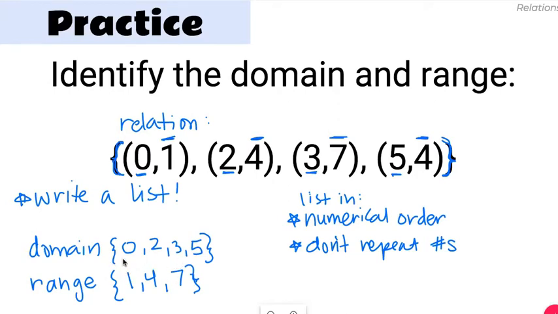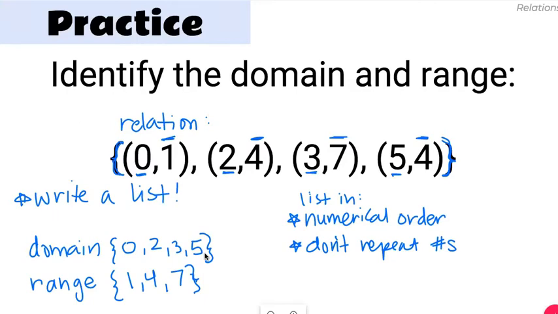The domain and range will not always tell you how many ordered pairs there are. It won't tell you what matches with what. I can't look at my list and say, oh, okay, 0, 1, 2, 4, 3, 7, that seems great so far, but then I have a 5 here and nothing to match. So don't always count on those numbers matching up like that.